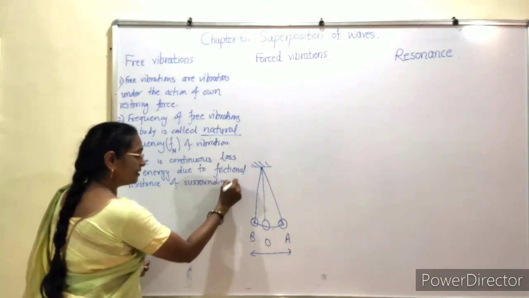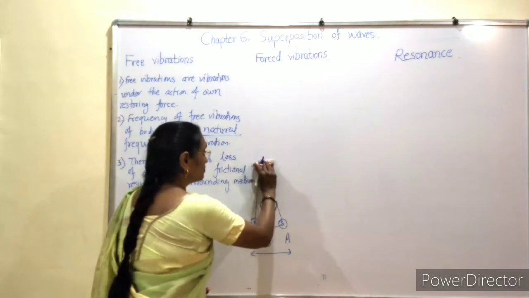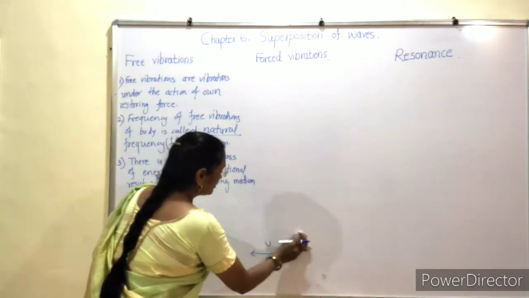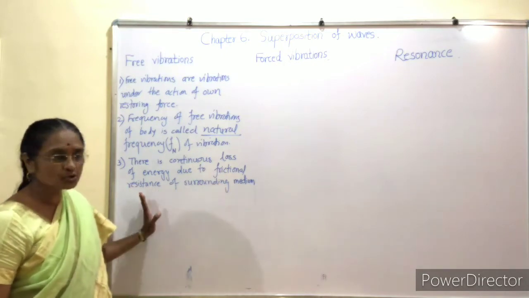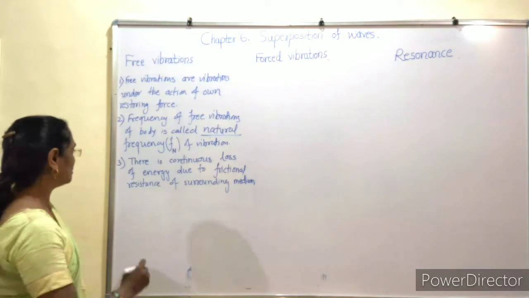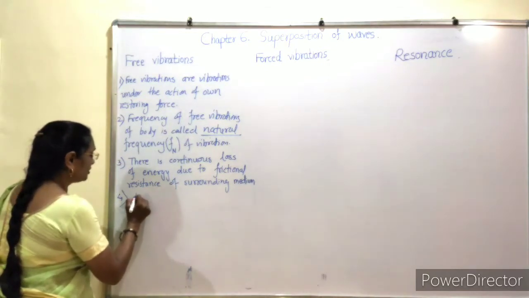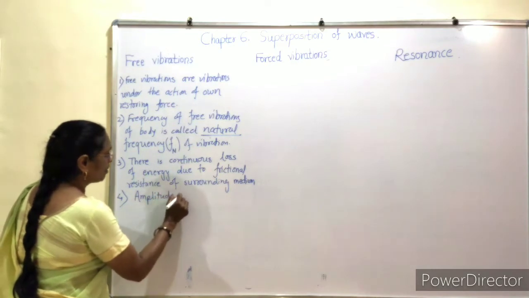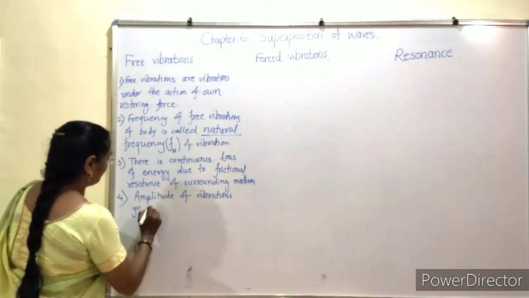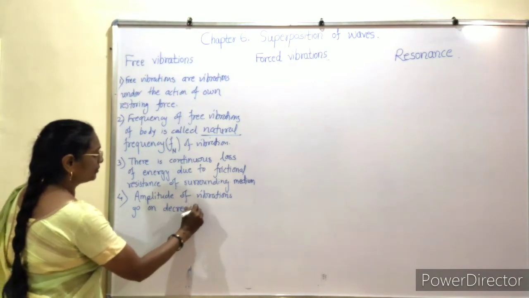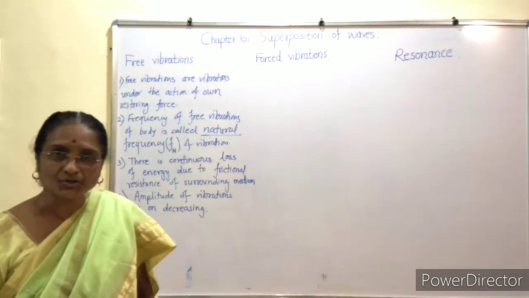If the surrounding medium is air, or any fluid in which the system is placed, it exerts some frictional force, and due to that there is continuous loss of energy. As there is continuous loss of energy, we observe in the pendulum that the amplitude of vibrations goes on decreasing. There is no constant amplitude. So these points we can note in case of free vibrations.